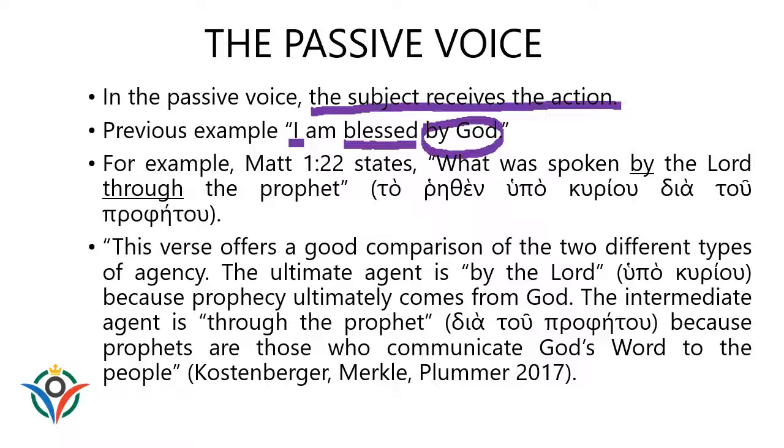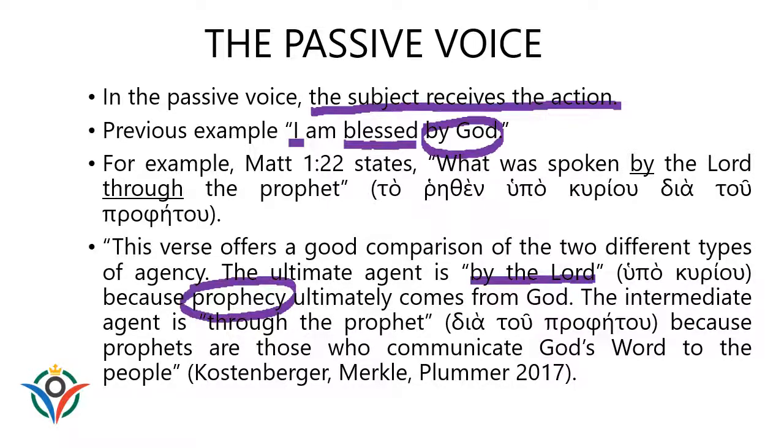And so I really appreciate the commentary given by Köstenberger, Merkle, and Plummer, where they help to explain these two different agents. So listen to what they say. This verse offers a good comparison of the two different types of agency. The ultimate agent is by the Lord, hupo kuriou, because prophecy, so that's the subject in this verse, ultimately comes from God.